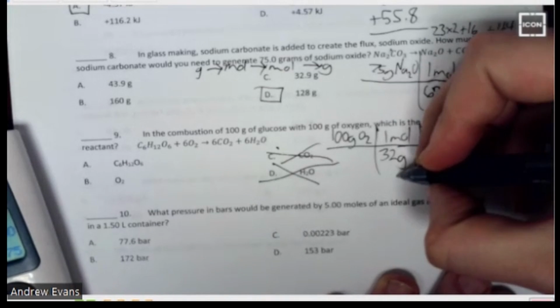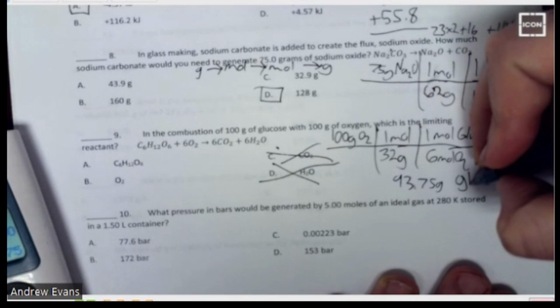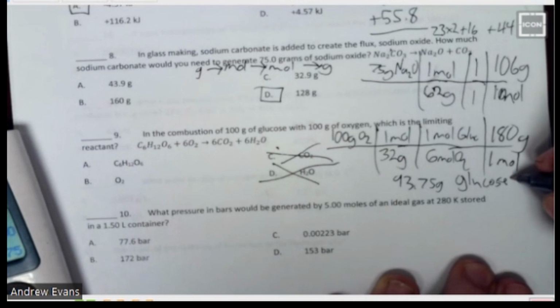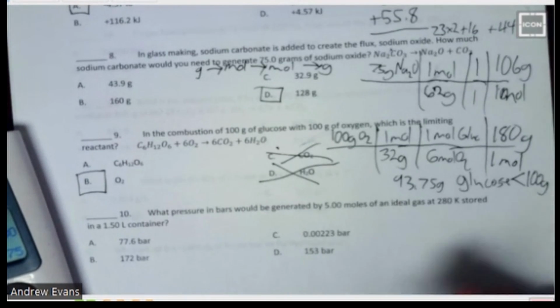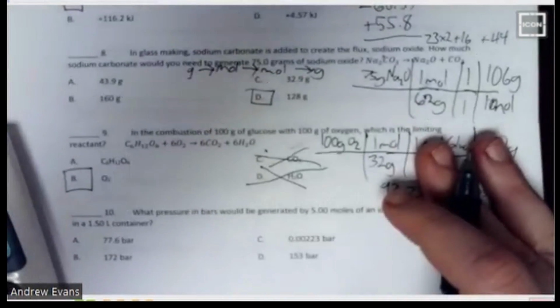You need 93.75 grams of glucose, meaning glucose at 100 grams is in excess. So what is the limiting? It must be oxygen. Not the most straightforward or easiest problem because of how it's worded, but not too bad.